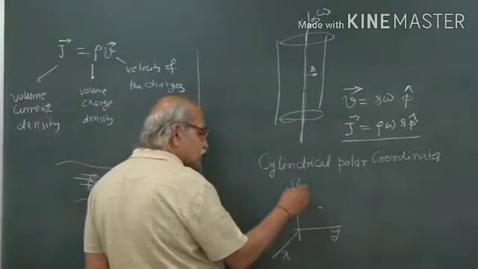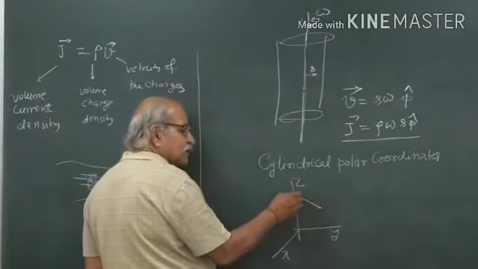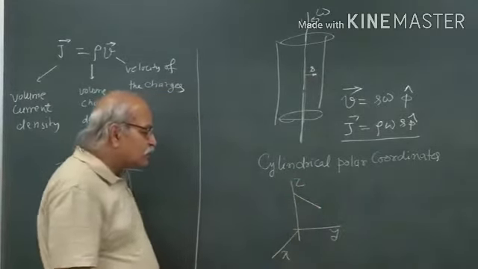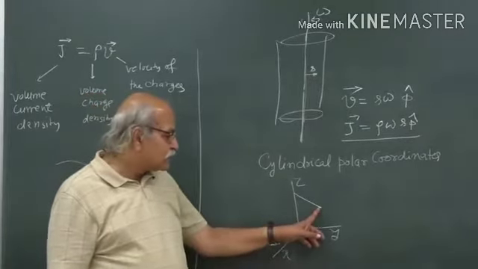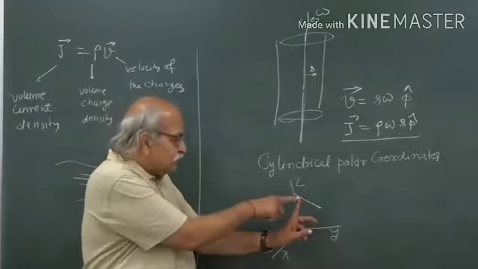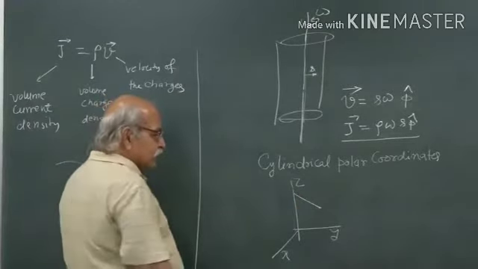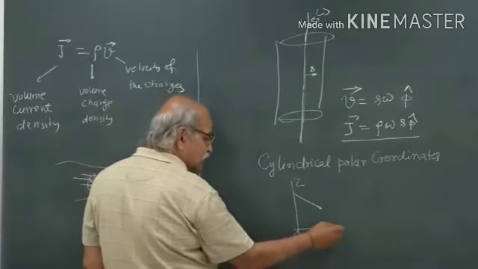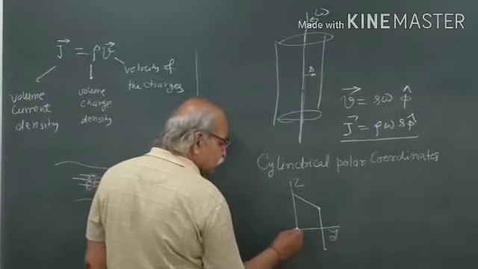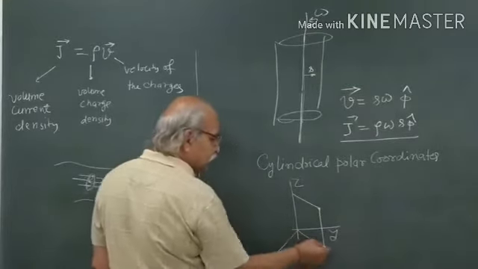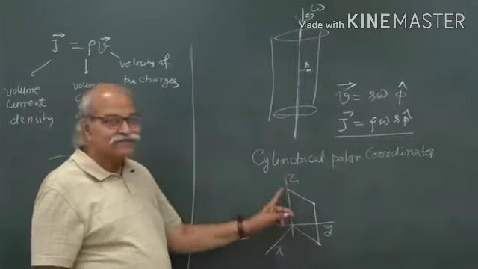From here you drop a perpendicular on the z axis, and you drop a perpendicular on the xy plane, this horizontal plane also, and then if you join them you get a rectangle.